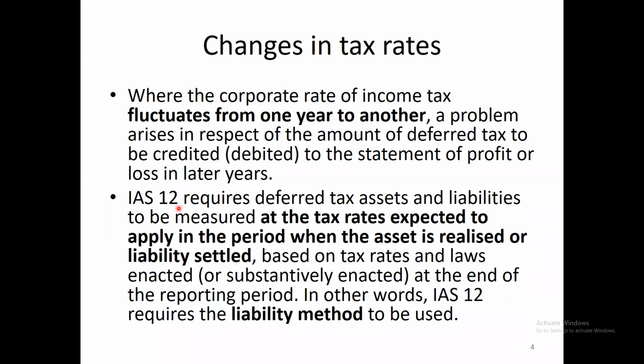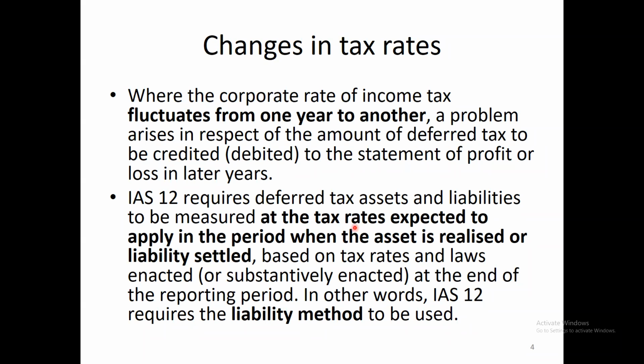So LKS requires deferred tax assets and liabilities to be measured at tax rates expected to apply in the period when the asset is realized or liability settled. So we have to use the expected tax rate, right?